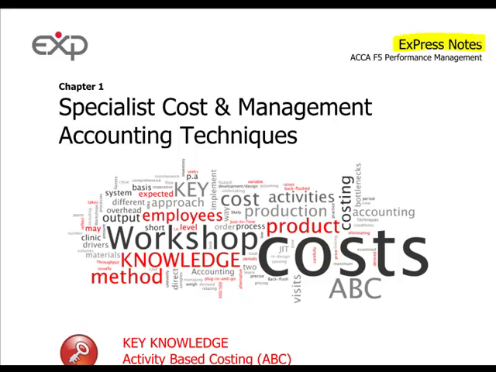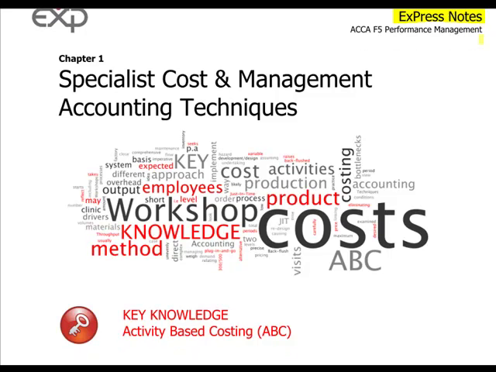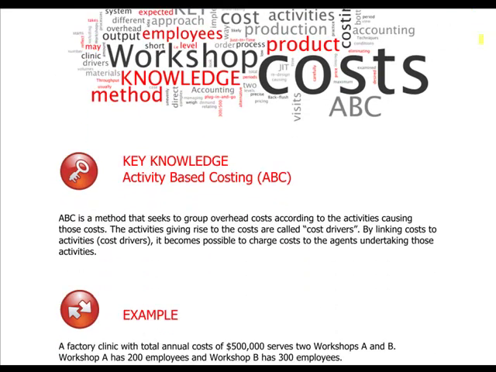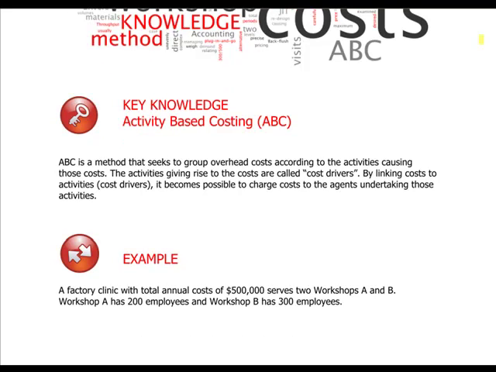The first chapter we're going to discuss is the specialist cost and management accounting techniques. That's basically what we are discussing here. There are costs. And if we carry forward our knowledge from F2, we already know that there is a traditional costing method which is based on the overhead absorption rate, that traditionally was calculated as the budgeted amount of an overhead divided by a budgeted volume.